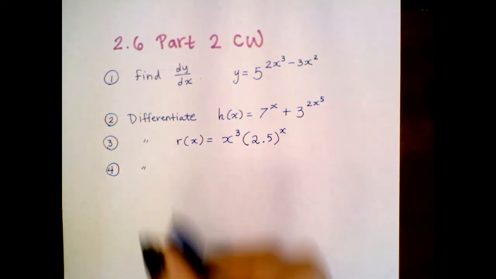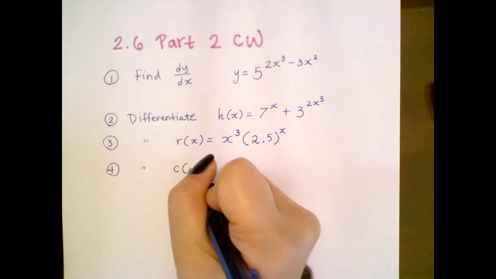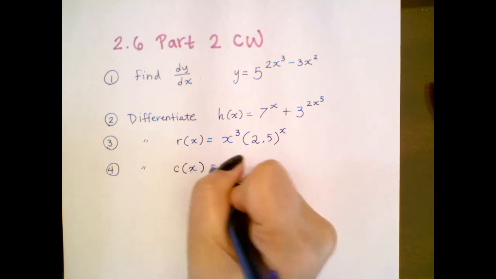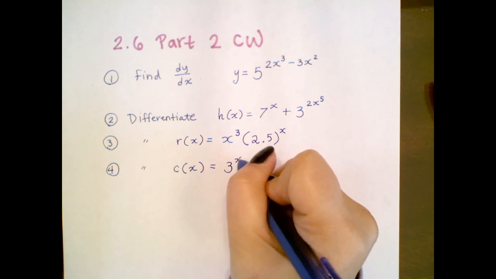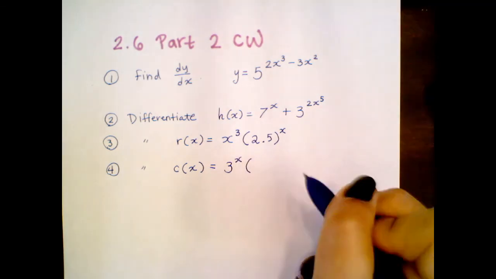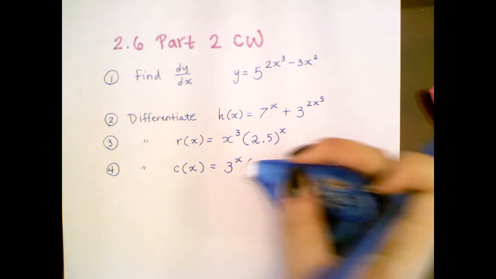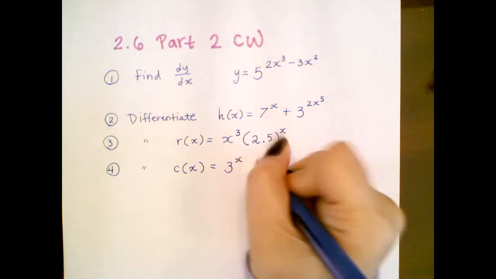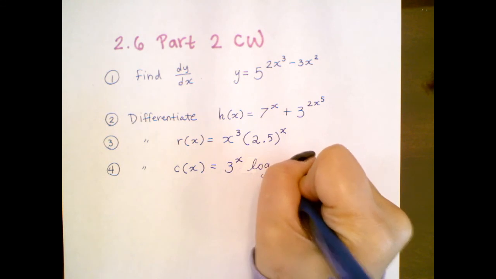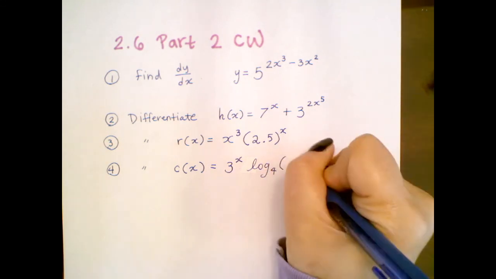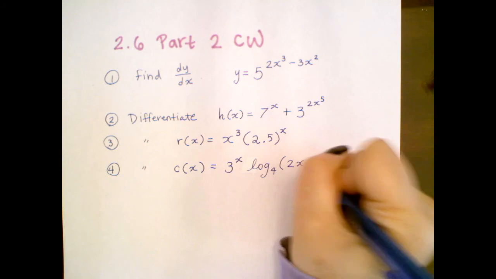Same direction, differentiate c of x for me. Ooh, the big one. This will take some time. 3 to the x power times, I'm not going to draw a parenthesis there. 3 to the x power times log base 4 of 2x plus 1.